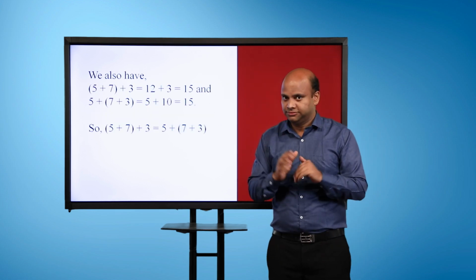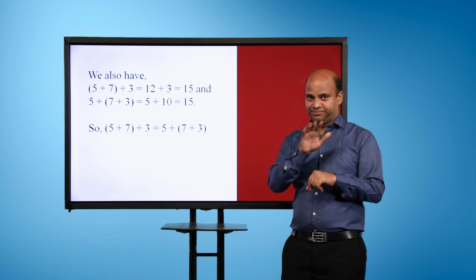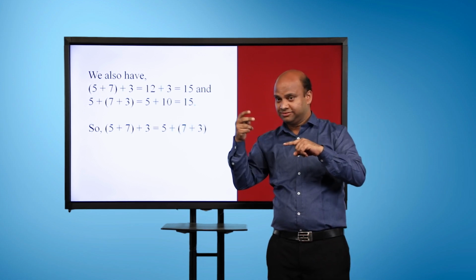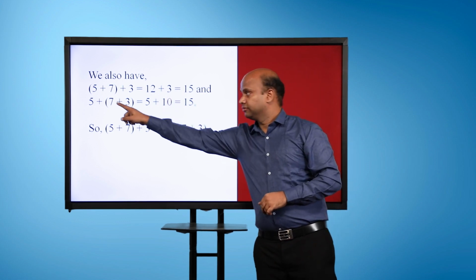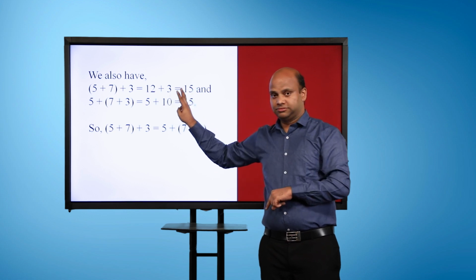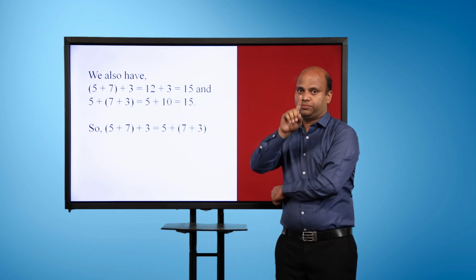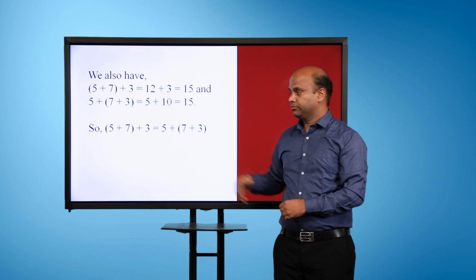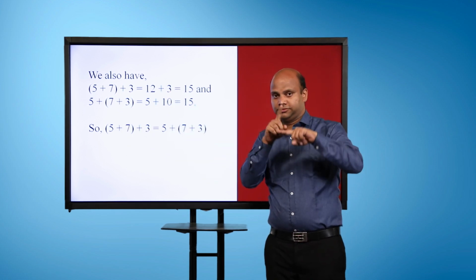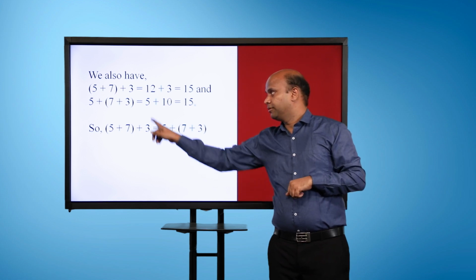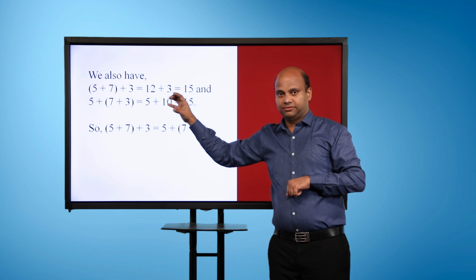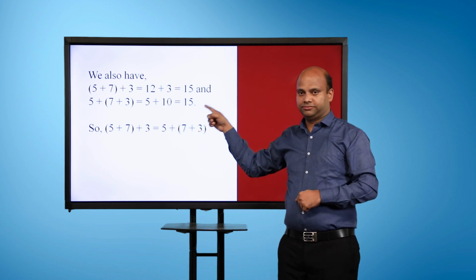We also have, in brackets, 5 plus 7, plus 3 is equal to 12 plus 3 is equal to 15. And 5 plus, in brackets, 7 plus 3 is equal to 5 plus 10 is equal to 15.